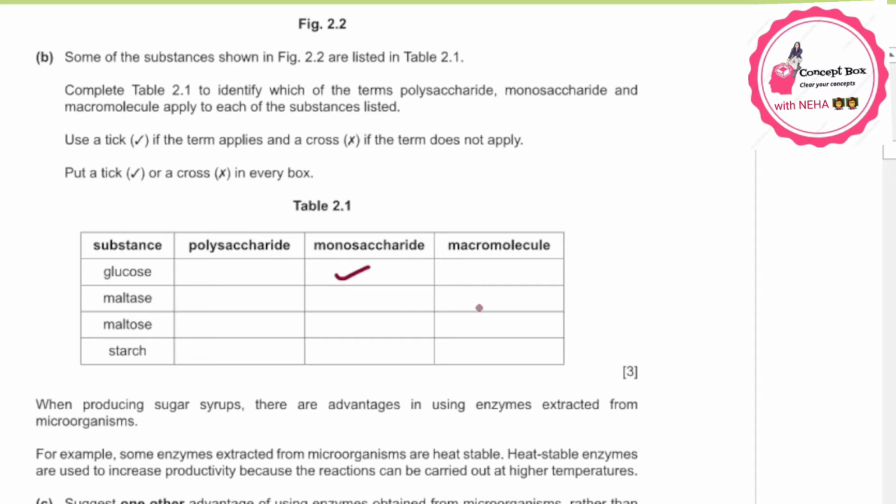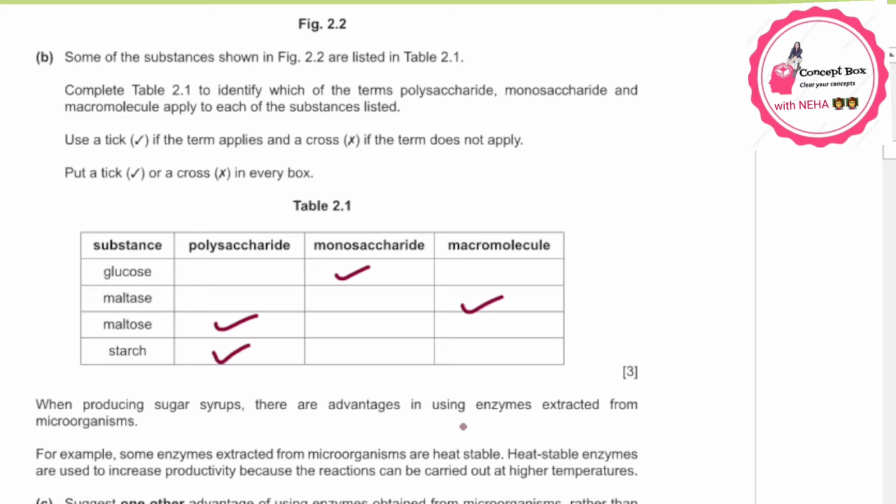Maltase is an enzyme, so it is a macromolecule. Maltose comes under disaccharide. Starch is a polysaccharide. If the option disaccharide is given, then you must tick disaccharide.